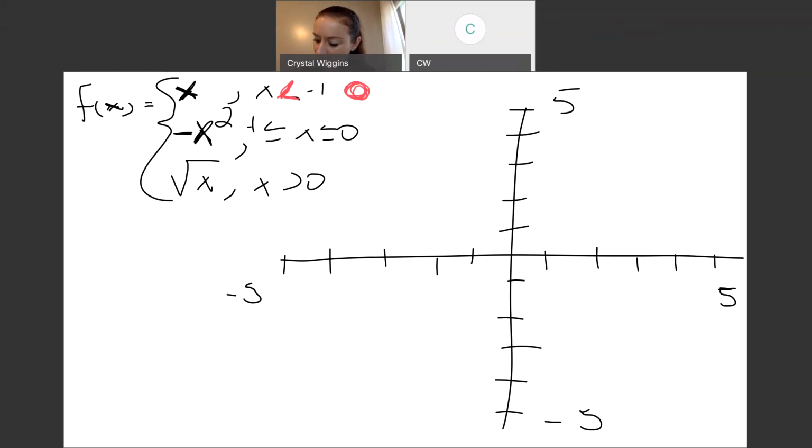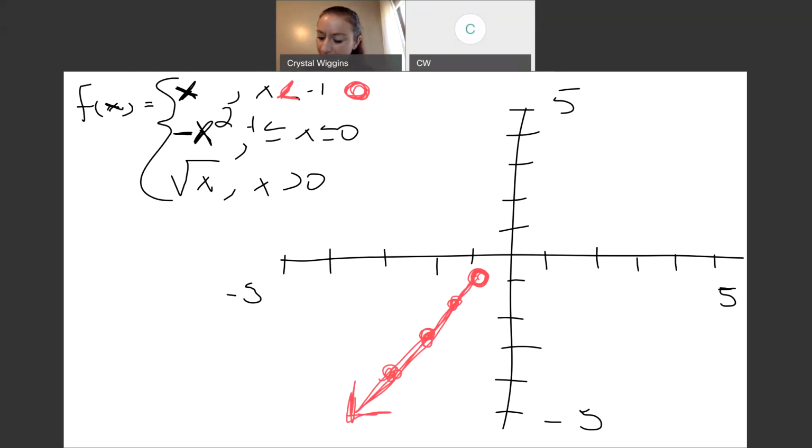So this is the point -1, -1 that is on that line. And it says use the line x for every x value less than -1. So that's just drawing to the left. So the line y equals x looks like this, where it hits all the points -2, -2, -3, -3, -4, -4, and so on.